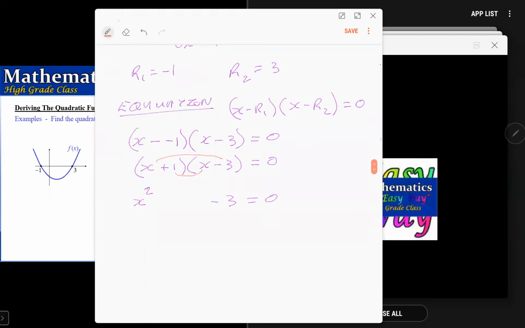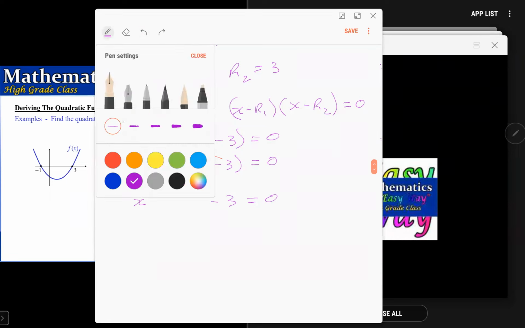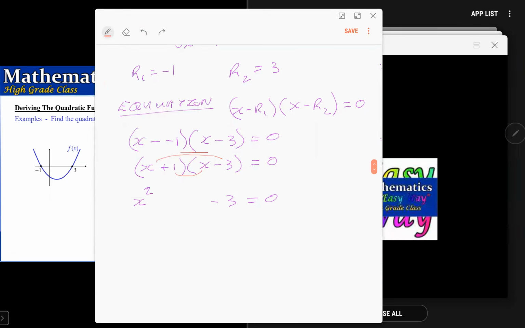And we can just work it out straight. So basically up here is minus 3x, that is the product. And down here is plus 1x. Minus 3 plus 1 is -2x. All right, so that is the equation.